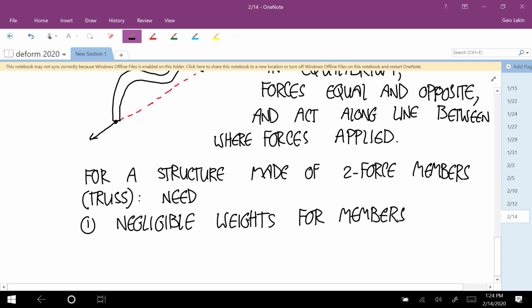And that has to be the case because if you have a joint on this end and a joint on this end, that's already your two forces. And if you have a third force that's the weight, it wrecks this. Okay, so you have to be able to treat the weights as zero. If you want to include the weights of the members, it's not a truss anymore.